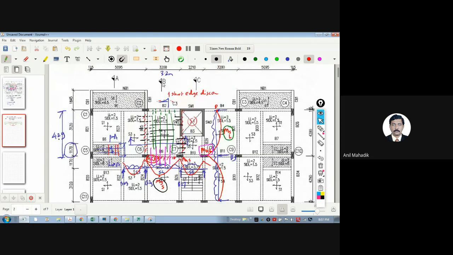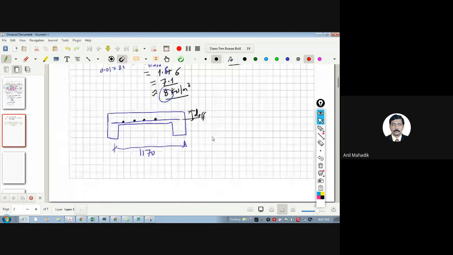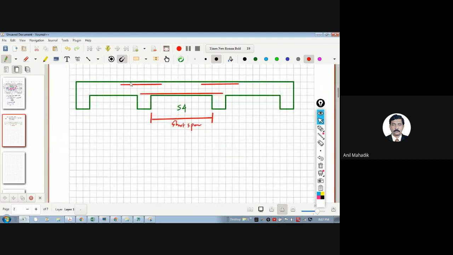Now along this longer span, this section, this loading diagram you can see. Let's draw the actual, how does it look like?